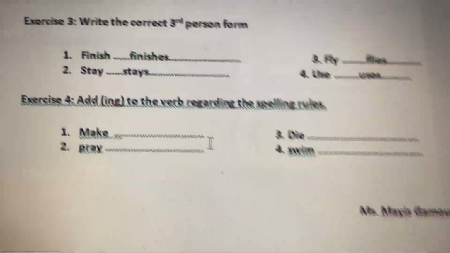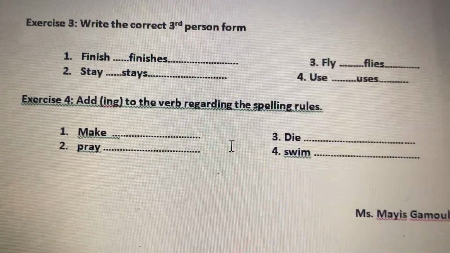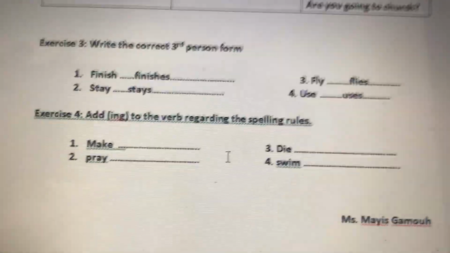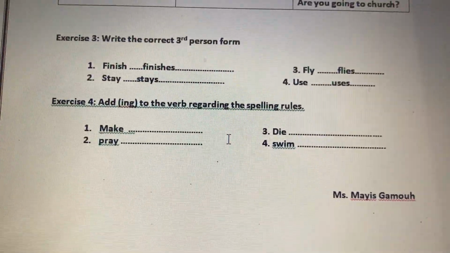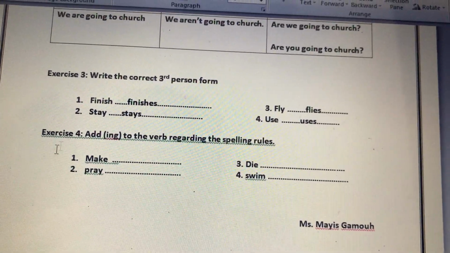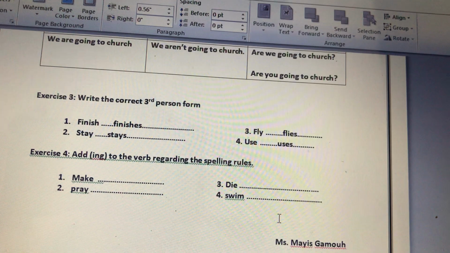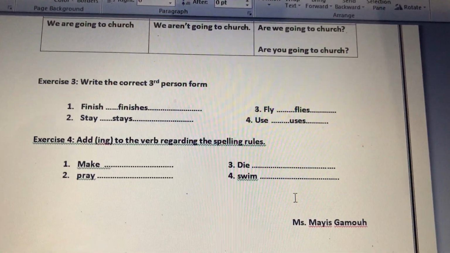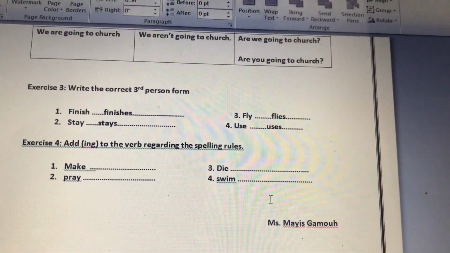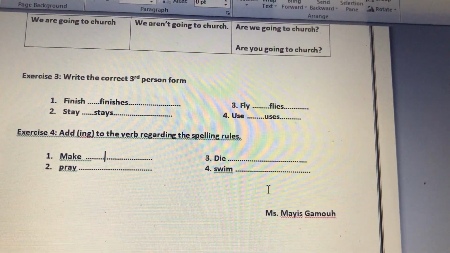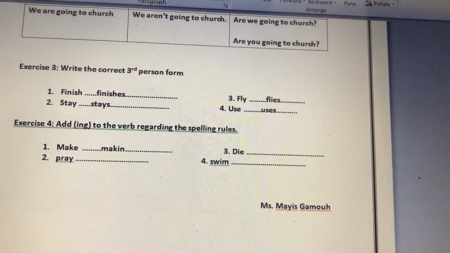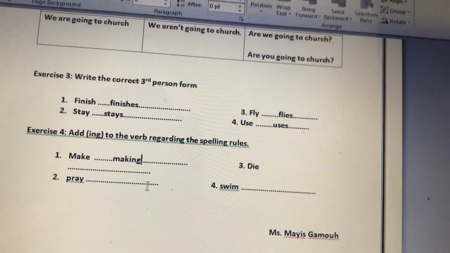Let's go to the fourth and last exercise. Add ing to the verb regarding the spelling rules that I gave you. Number 1, the verb is make. So here we have to omit the E at the end, and then we have to add the ing. It will become making.